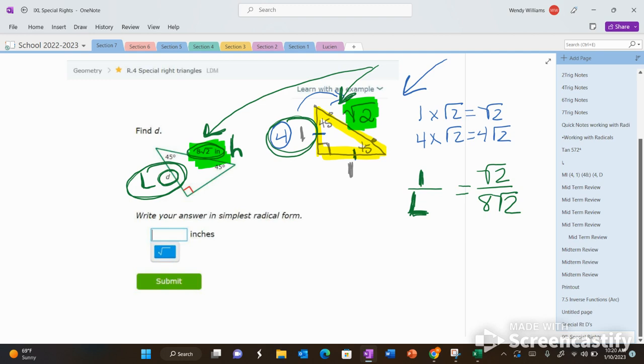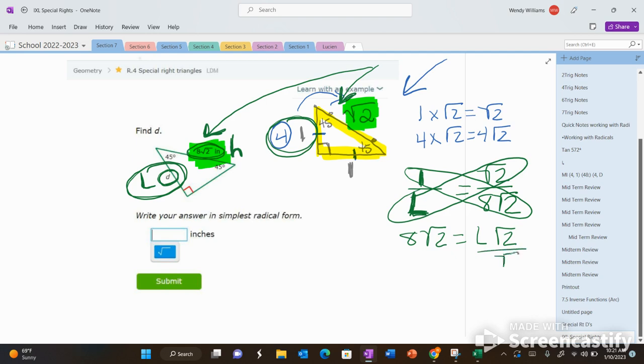Cross multiply and solve. 1 times 8 square roots of 2 is 8 square roots of 2. And L times the square root of 2 is the leg times the square root of 2. How do you solve for the leg? To get the leg alone, you divide each side by the square root of 2. Square root of 2 divided by the square root of 2 leaves the leg. Square root of 2 divided by square root of 2 is 1. 1 times 8 is 8.